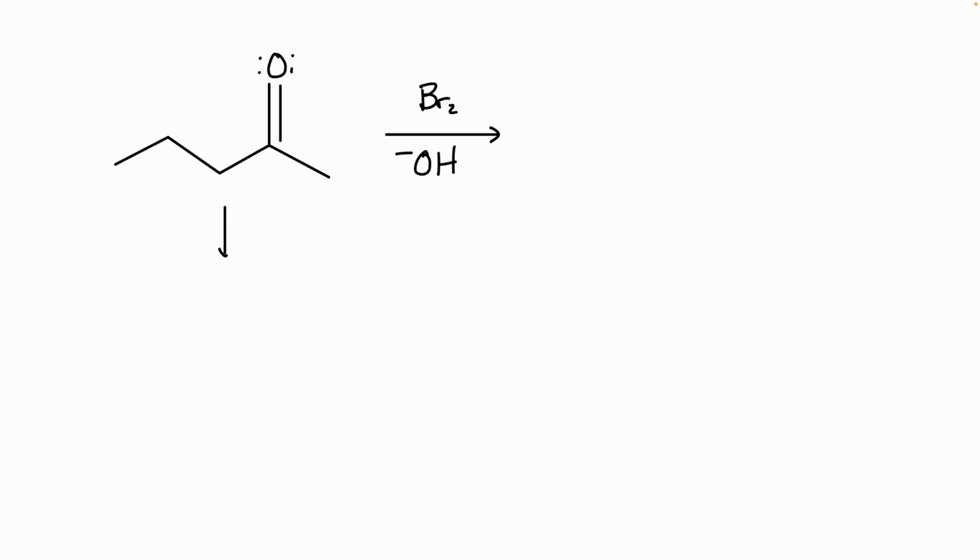again, we get bromination of our alpha carbon that then happens over and over and over again, because as soon as we brominate it the first time, it is that much more reactive going forward. And because this methyl carbon is the one that's the most accessible, that's the one that gets deprotonated first.